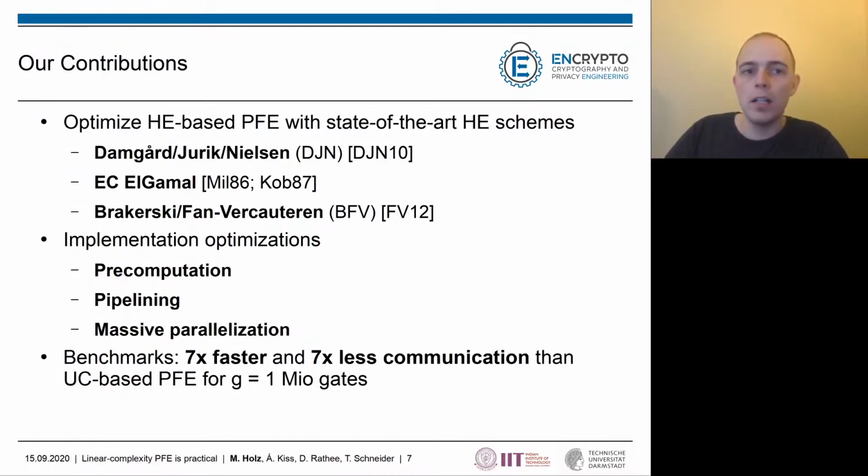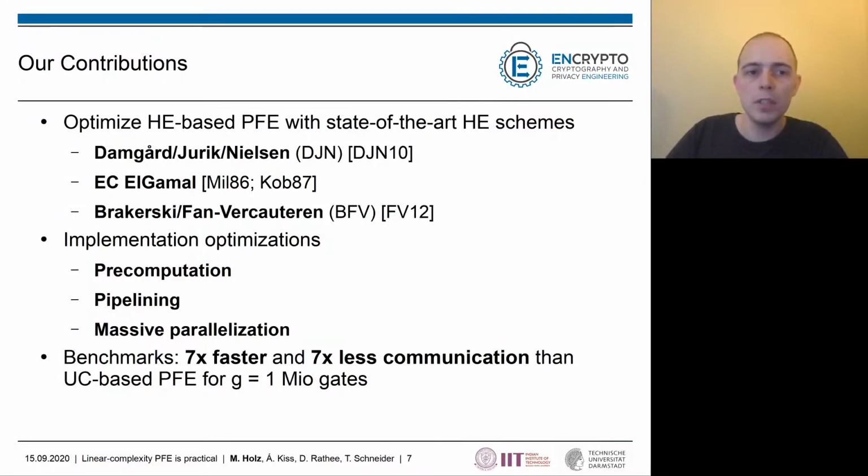But we also optimized elliptic curve ElGamal homomorphic encryption for the use in private function evaluation, and we also took a look at the Brakerski-Vaikuntanathan scheme, which is a lattice-based homomorphic encryption scheme.